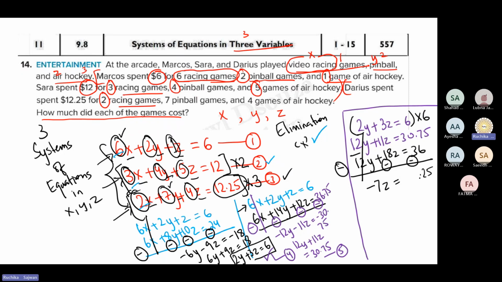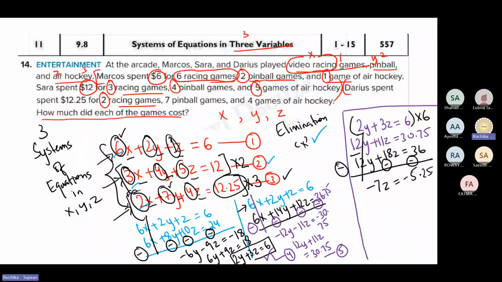Fatma, Lubna, anyone can tell me how much? Miss, I got... wait, my answer is wrong. No, I want this 30.75 minus 36. Miss, it's minus 5.25. Perfect.